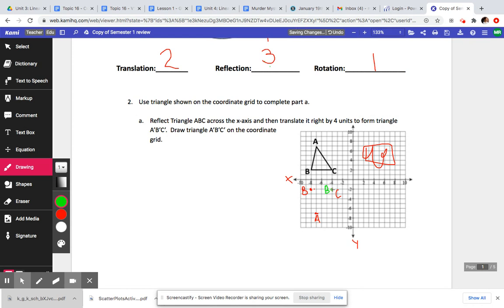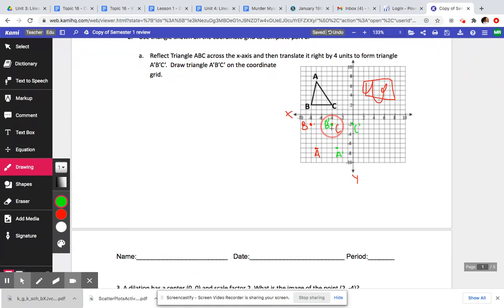C will be 4 units to the right as well: 1, 2, 3, 4. There's C prime. Let me put my primes. And then let's also do A: 1, 2, 3, 4. A prime goes here, and you have your new shape. Awesome, let's keep going. Your final shape would be this green one.